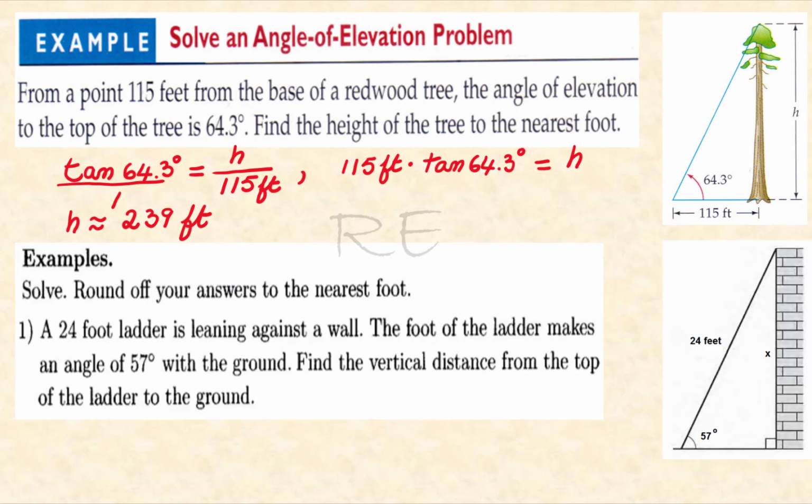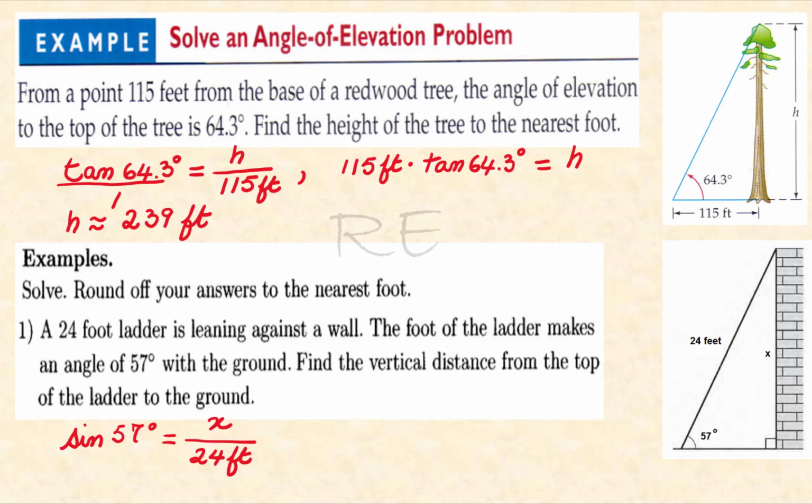For the second example, we need to find the height of the wall, and the function that we're going to use is the sine function. Sine is equal to opposite over hypotenuse.